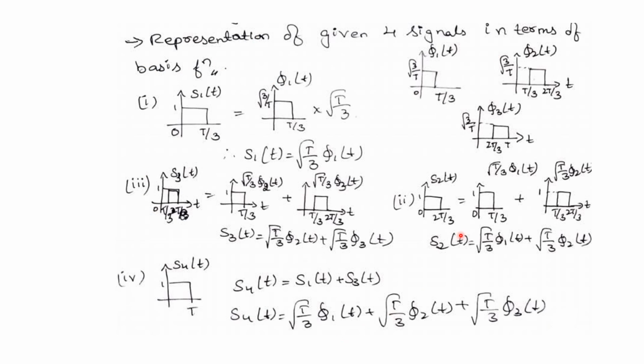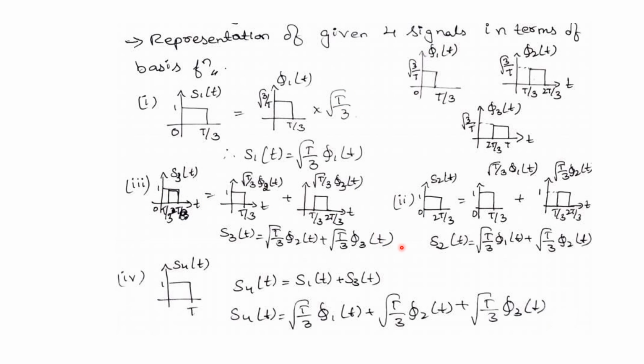Representing all the four signals in terms of basis functions, the first signal is S1 of t, which is equal to phi 1 of t into root t by 3, which I have represented here in the waveform or signal form.